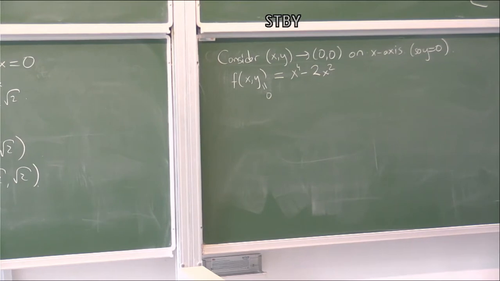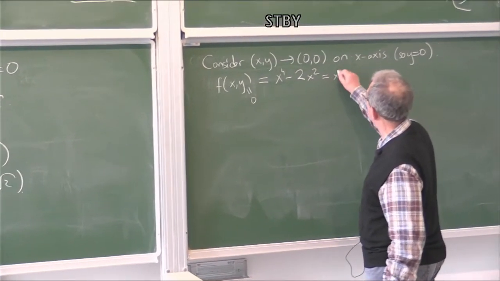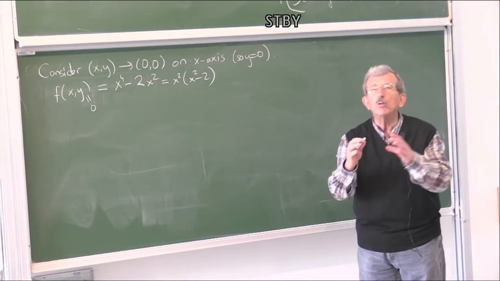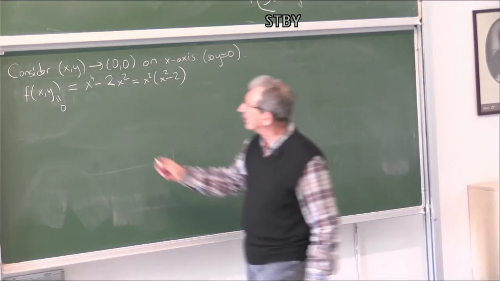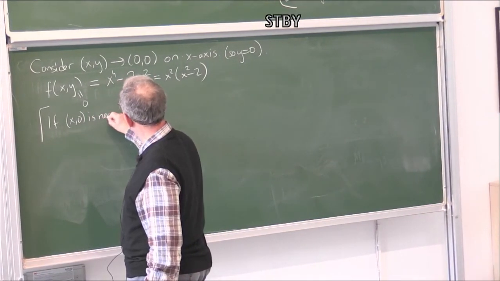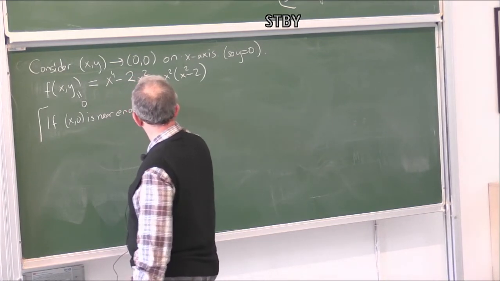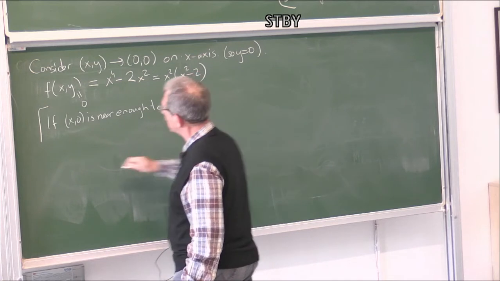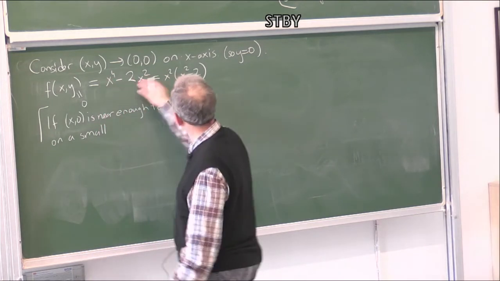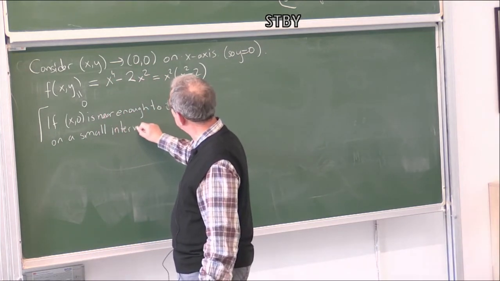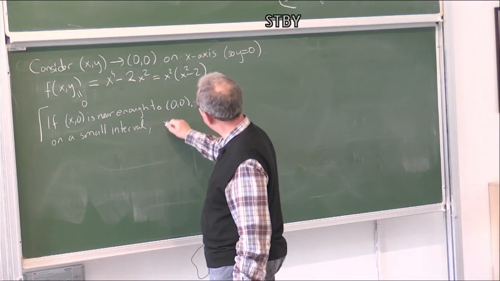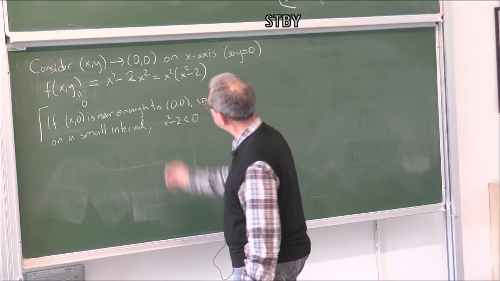Now, if x is near enough to 0, that is, in a small disk around 0, 0, so on a small interval, say, but actually it's not an interval, but it's okay, because we are talking about x, we have x squared minus 2 negative, because x goes to 0.